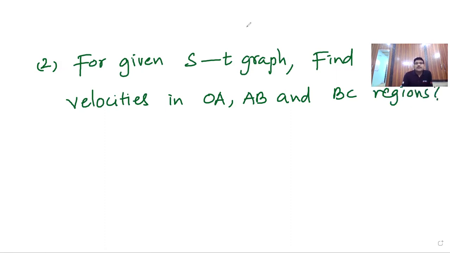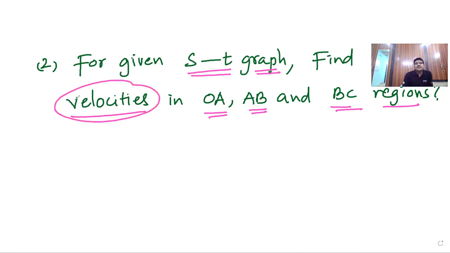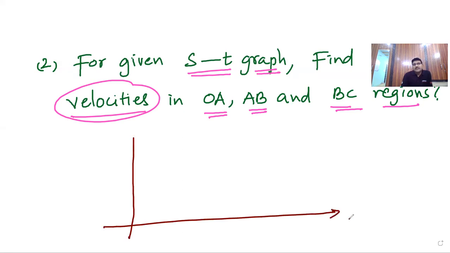This is the question. The S-T graph is given. It requires velocity in the OA, AB, BC regions. What is the graph he has shown? This is the graph. This is the x-axis, this is the y-axis, and this is the origin.